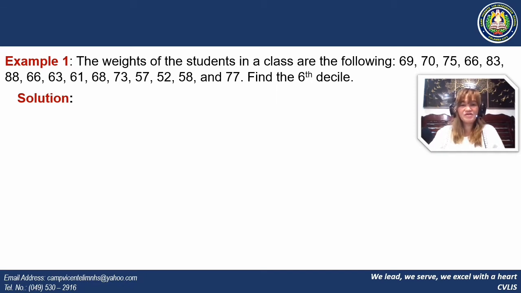We have the acronym ALSMA for you to remember the way it is computed, where A stands for arrange, L is for locate, S is for subtract, M is for multiply, and A is for add. Then the computed value will be used as a basis for constructing analysis and interpretations, which are also the highlight of the lesson today.